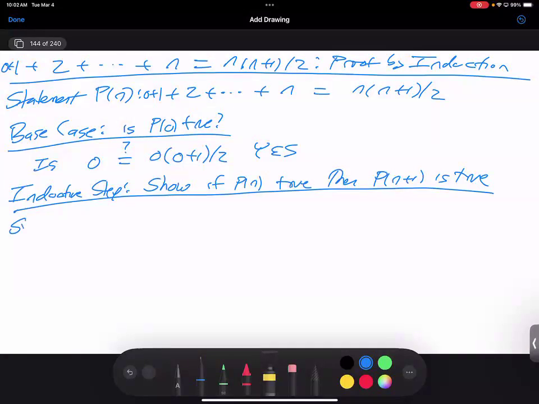So since Pn is true, we can assume 0 plus 1 plus dot dot dot plus n equals n times n plus 1 over 2. What should we add to both sides?